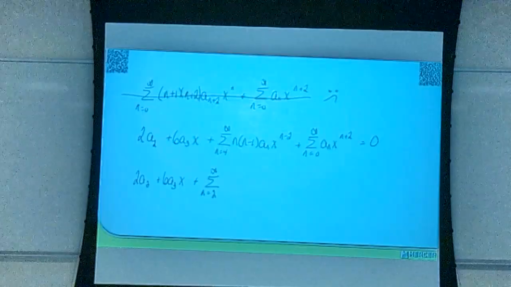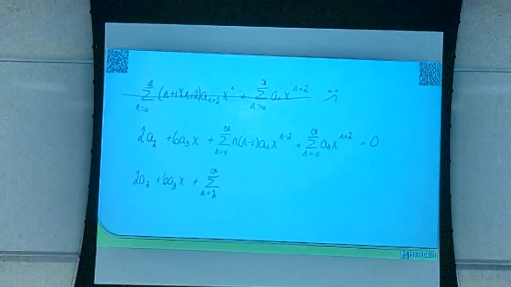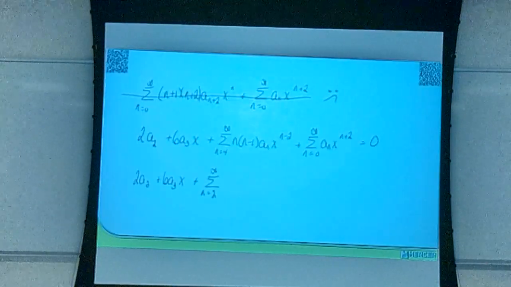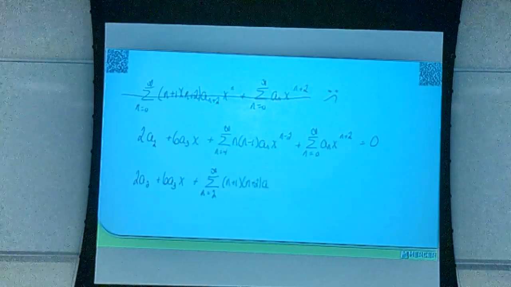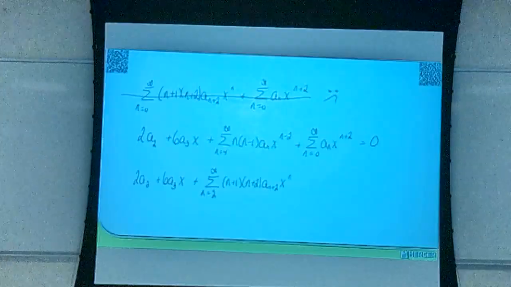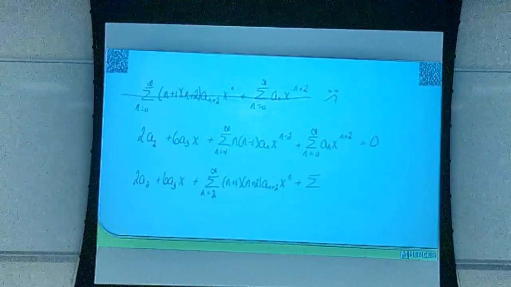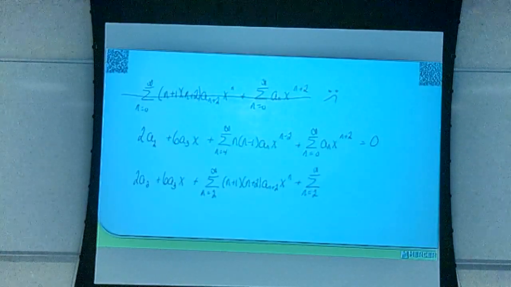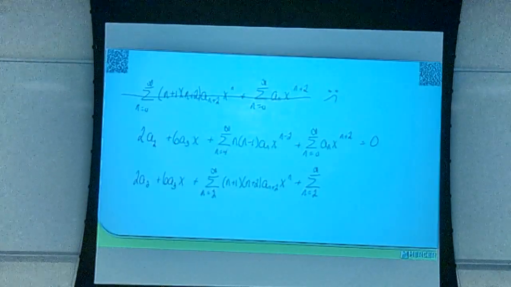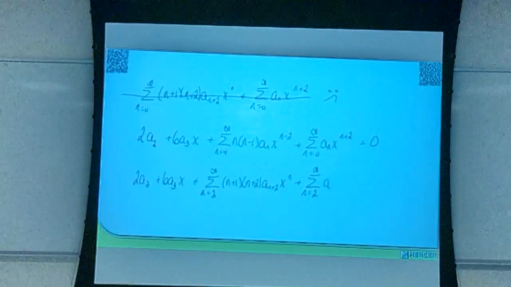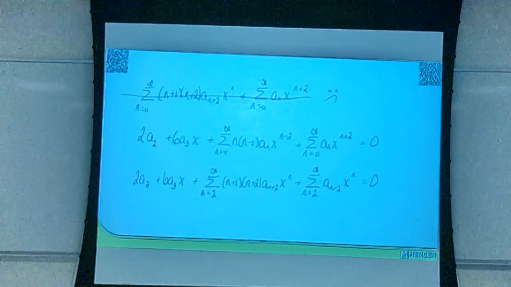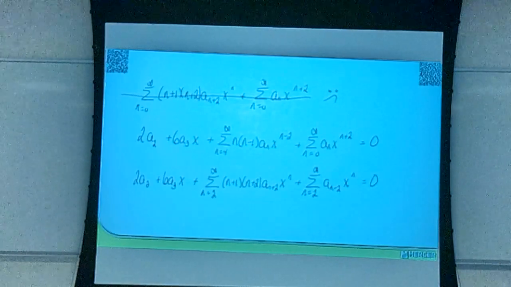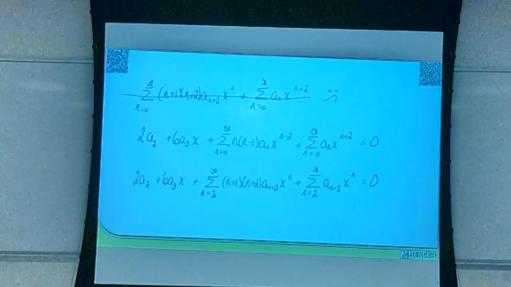Now shift that to be x to the n, which means I'm shifting down by 2. I want that to be x to the n, so I have to shift up by 2. Now we can write that as a single power series.